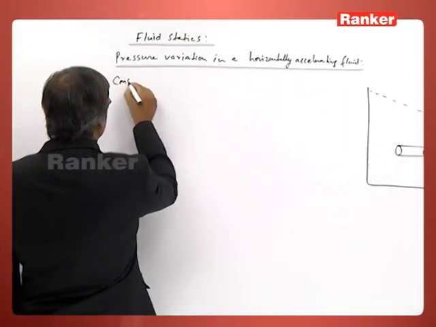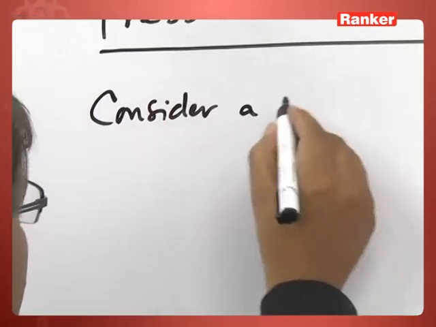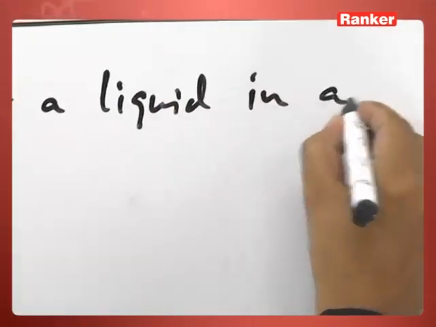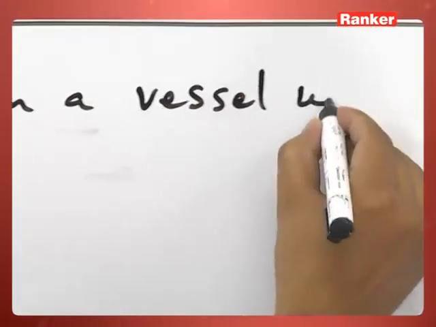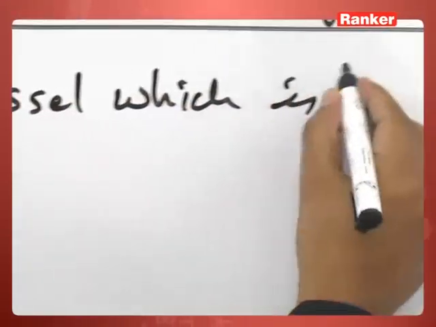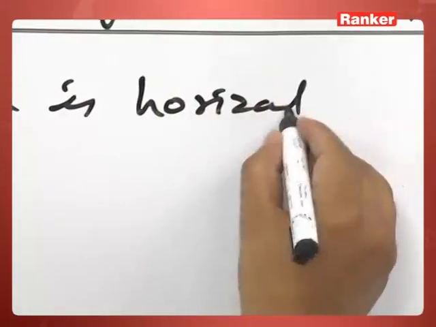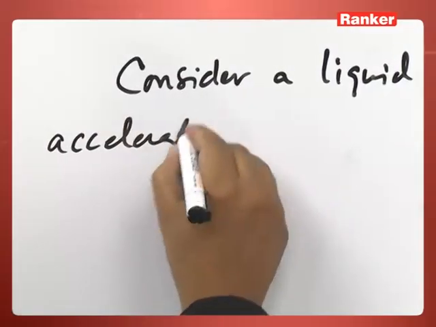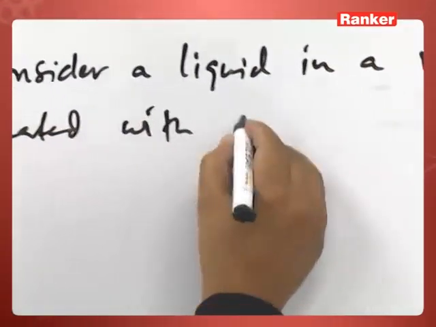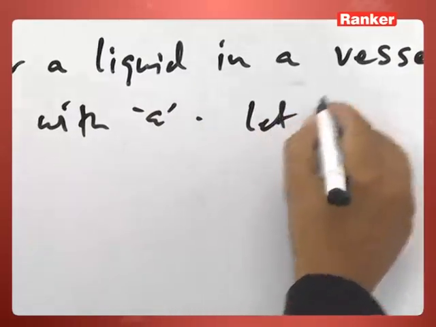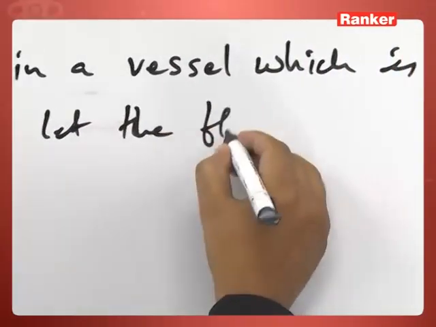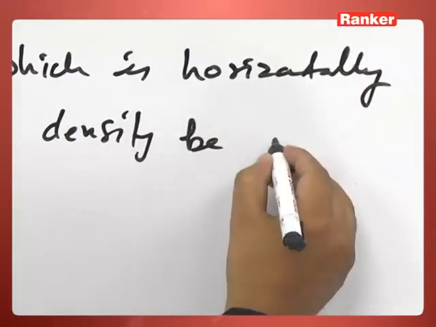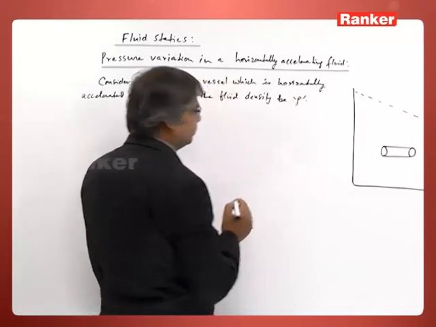So, consider a fluid, a liquid in a vessel which is horizontally accelerated with A. Let the fluid density be denoted by rho.